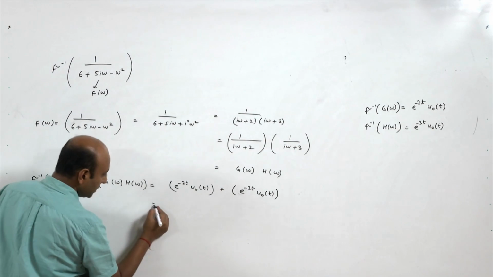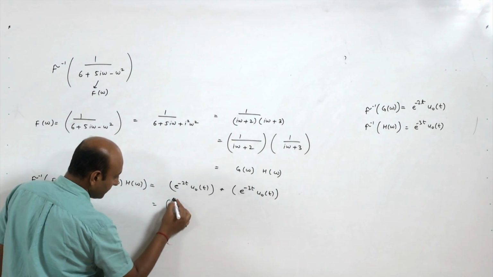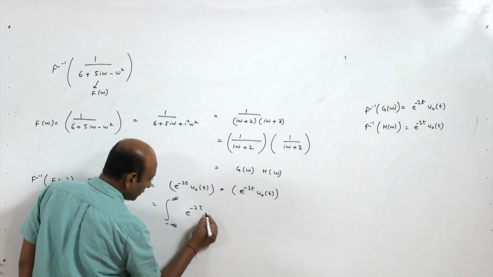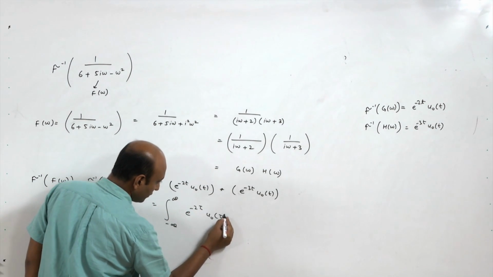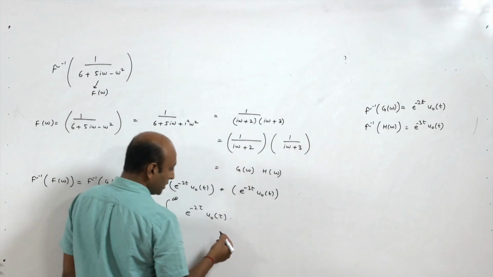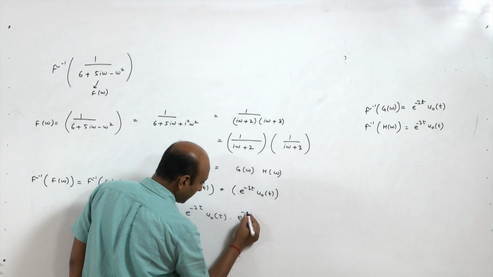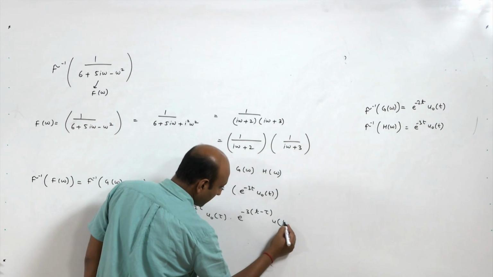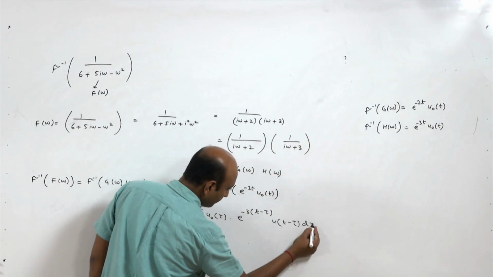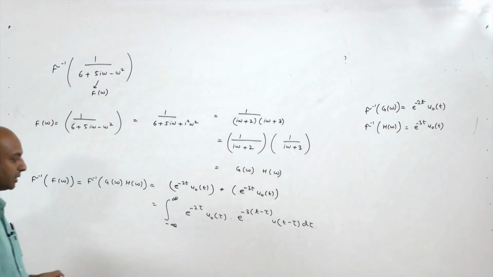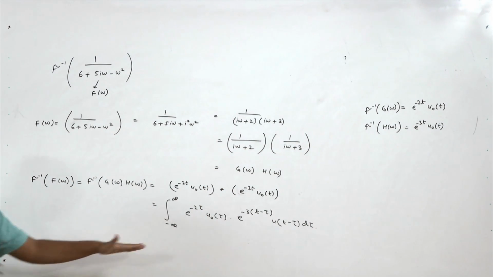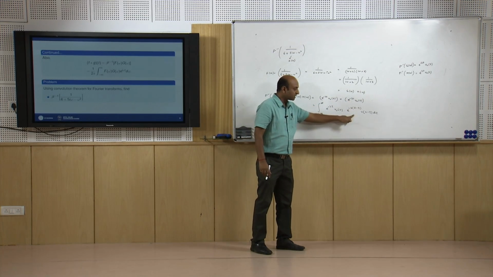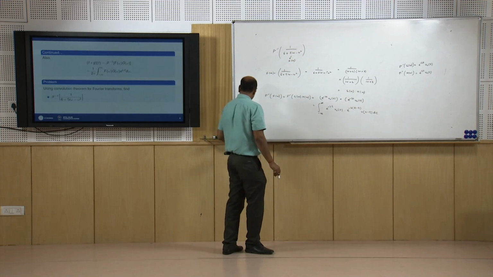That will be the integral from minus infinity to plus infinity of f(tau), which is e^(-2 tau) u0(tau), into g(t minus tau), which is e^(-3(t minus tau)) u(t minus tau), d tau. This is by the convolution theorem, because of f(tau) into g(t minus tau). Now, let us simplify this.